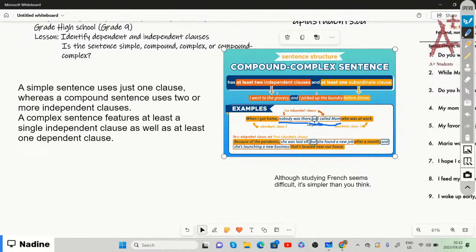In this case, we have our three independent clauses, joined by coordinating conjunctions: she was laid off, but she found a new job, and she's launching a new business. And then we have our subordinating clauses, which are because of the pandemic, after a month, and that's located near our house.